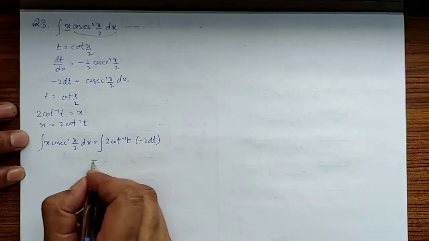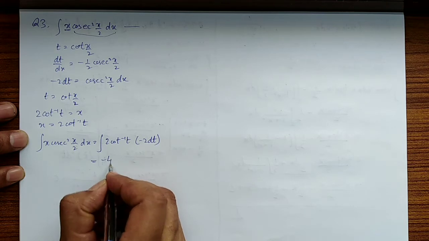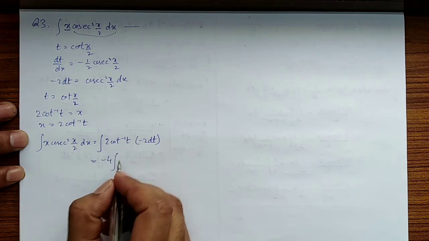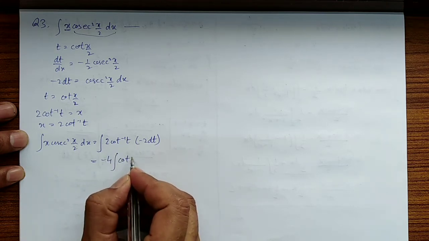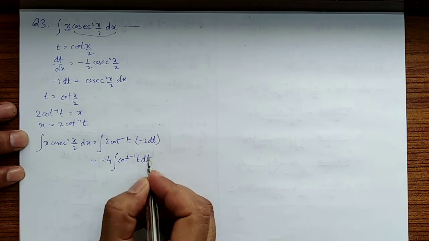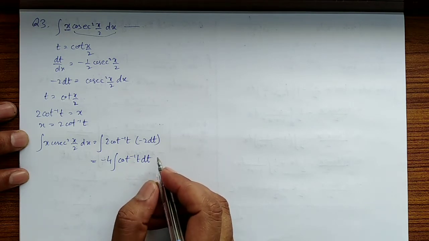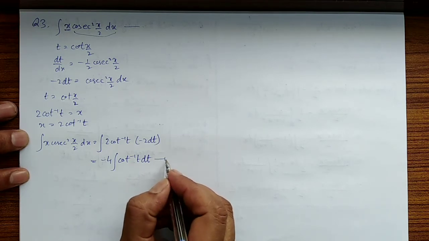So by taking 2 as a common outside, that becomes minus 4 times 2 integral of cot inverse of t dt. We name this equation number 1.